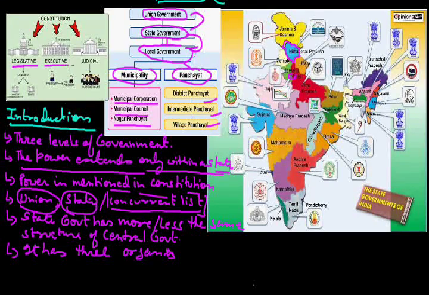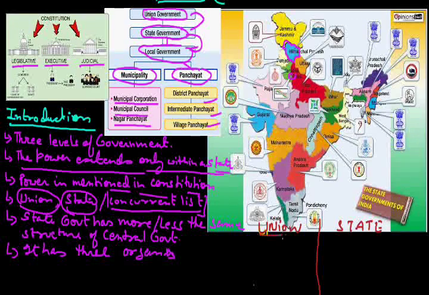Executive, in the center it is the central government, while in the state it is the state government. Judicial, in the center the Supreme Court is there, while at each state level there is a High Court. So we find legislative, executive, and judicial systems in the state also. Or in other words, we can see it like this: here union, here state.